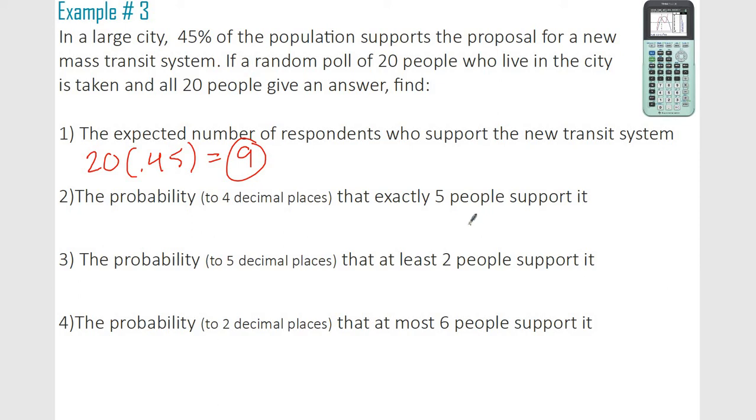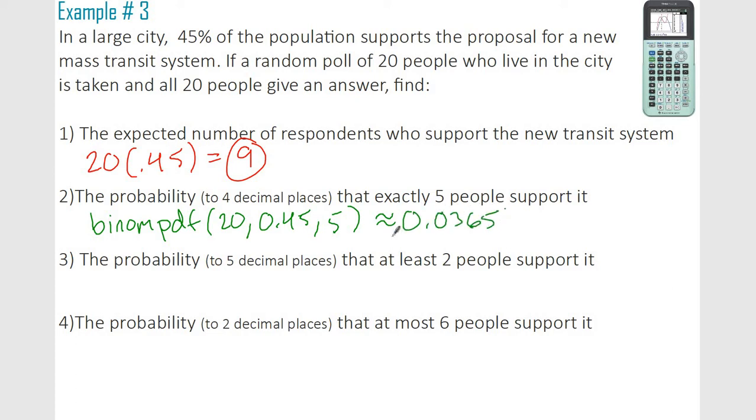We could use the formula, but no way, Jose. I'm using binomial PDF. There are 20 people. We have a 0.45 probability, and we want exactly 5. So 4 decimal places would be 0.0365.